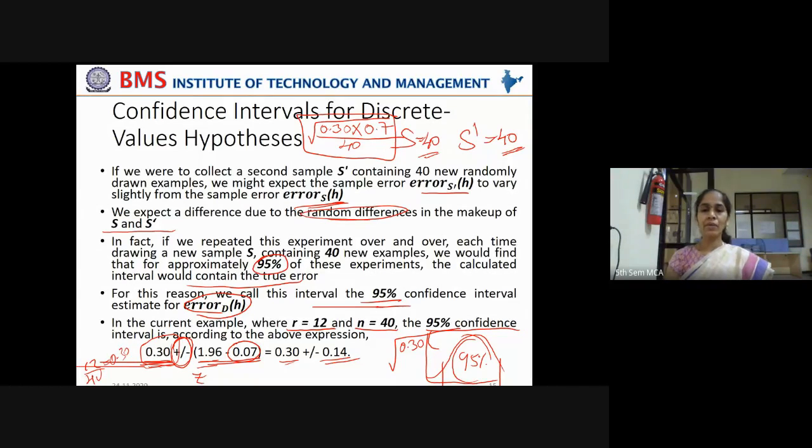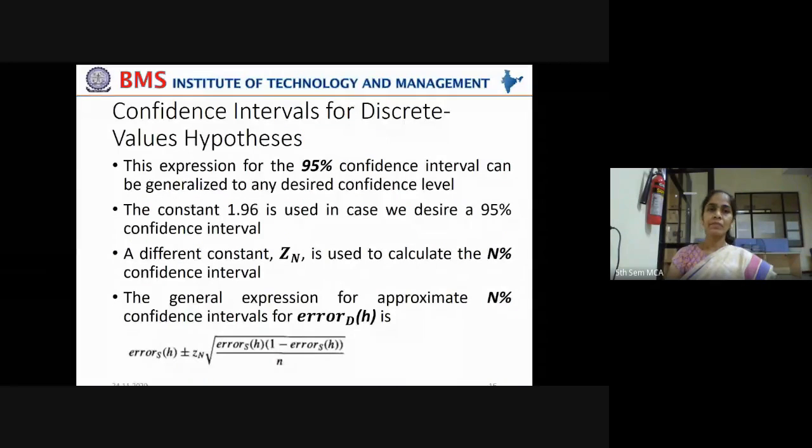Did you understand now how to calculate the sample error's value? It is 0.30 plus or minus 0.14. Now this expression for the 95% confidence interval can be generalized to any desired confidence interval. We are taking a 95% confidence interval in this case.